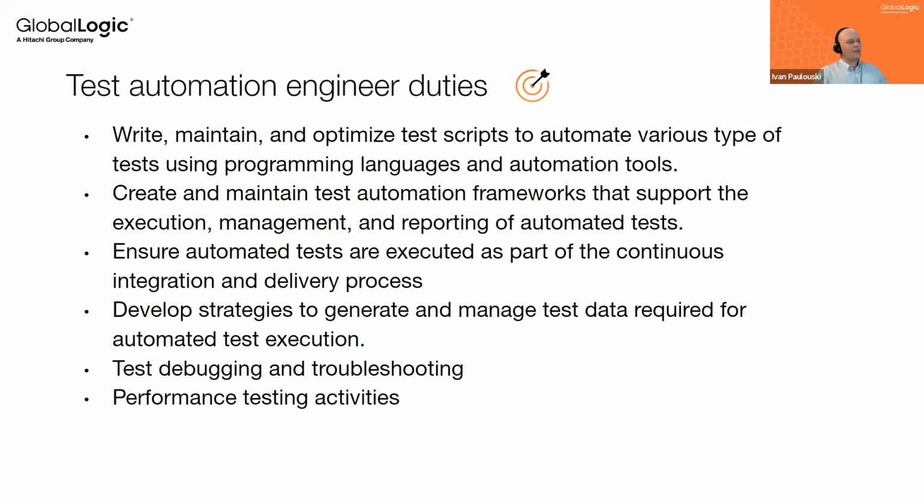Create and maintain test automation frameworks that support the execution, management, and reporting of automated tests. So it is not enough just to write down the test scripts. All this construction needs to be maintainable. There should be some kind of easiness in execution.